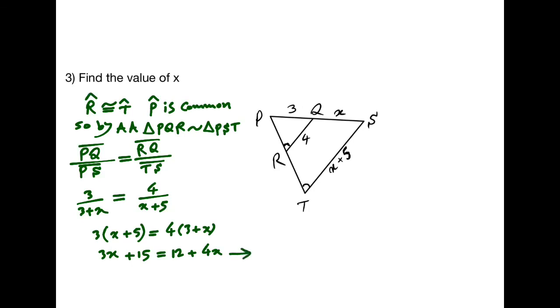Now let's bring the like terms to one side. 4x minus 3x equals 15 minus 12, which gives us x equals 3, and that's it.